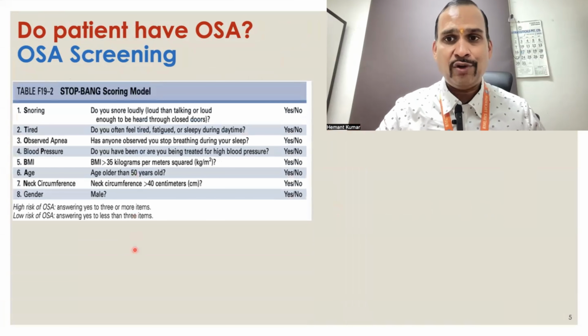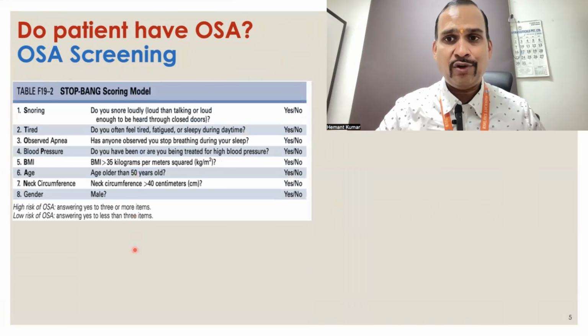So for staging of sleep, these three leads are not sufficient. We have to record electrooculogram, EOG, because you must have heard that there are two parts of sleep: rapid eye movement sleep and non-rapid eye movement sleep.